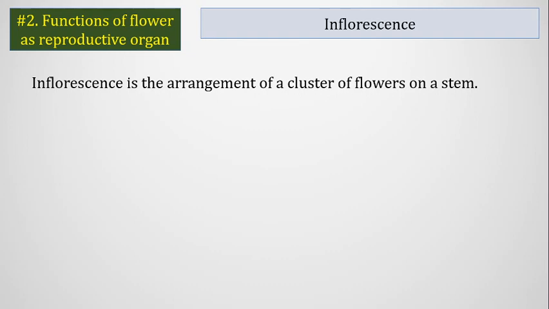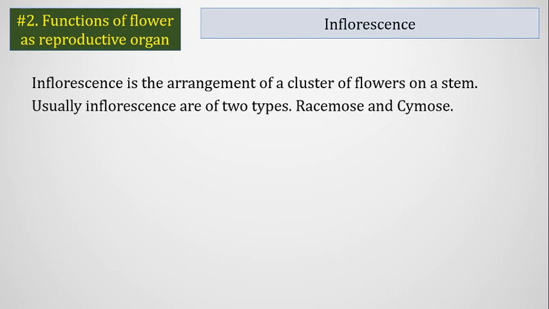So a shoot that comes out from a stem holds multiple flowers together in a certain arrangement. This arrangement pattern is called inflorescence. This inflorescence pattern or style may be of two types. One is racemose and the second one is cymose.